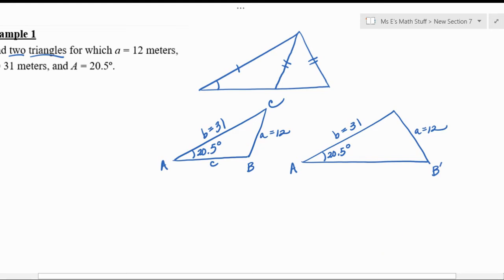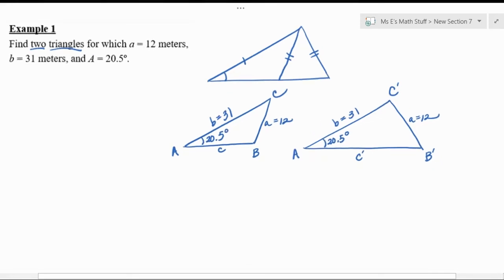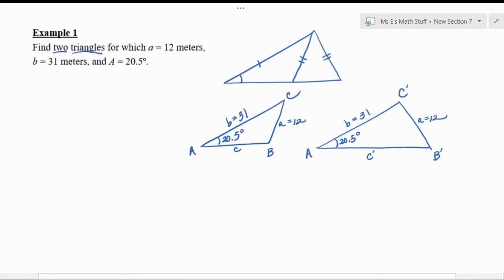And then angle C prime at the top would be different than angle C was over there, and this length for C would be different as well. So I'll just add little primes to indicate that they're different than the ones on the other side. So there you go.